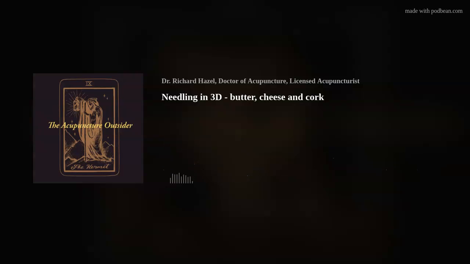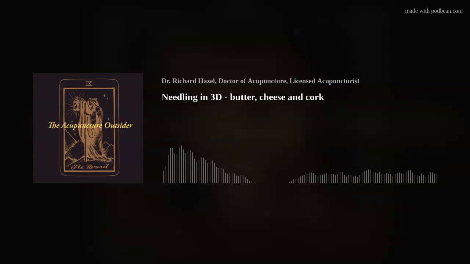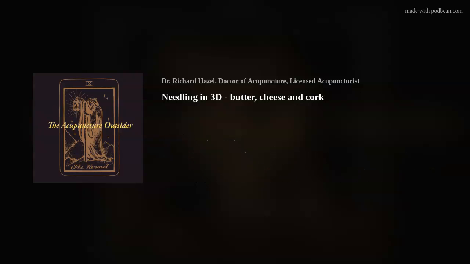And the next time that I treat the same patient, that muscle will be much more like the cheddar cheese feel because it's getting its elasticity back and it doesn't feel rock hard.